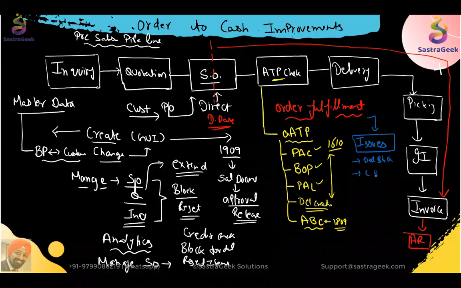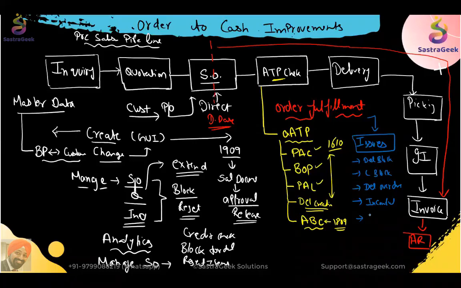Credit blocks will come. You have created a sales order, but in the fulfillment, the delivery is overdue. Sales order is created, but it is incomplete.